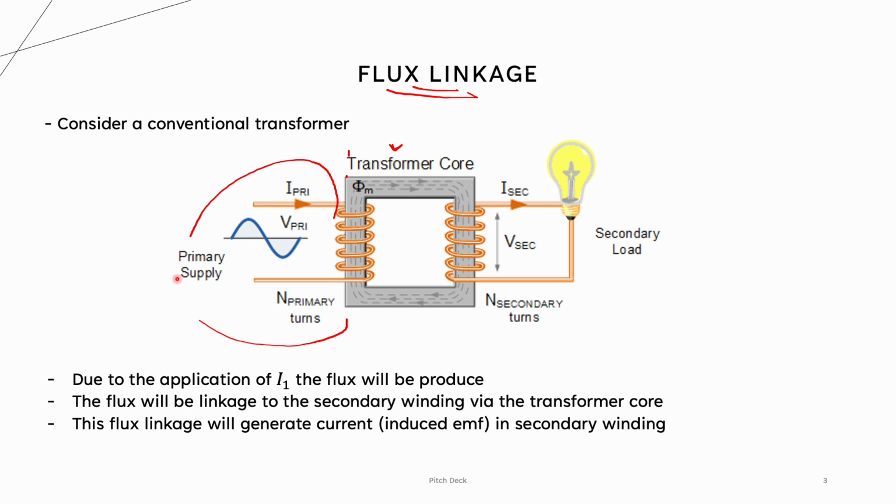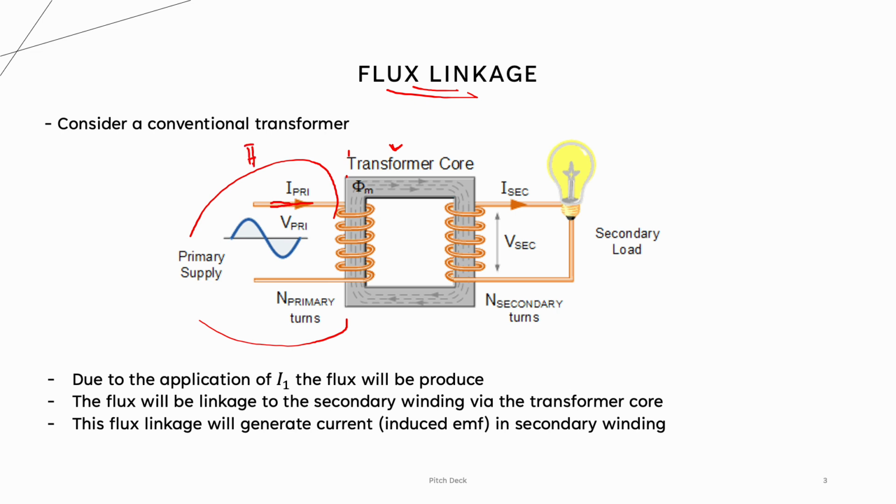And this is known as the secondary winding. At the primary winding, there is a current supply, where this current supply will then produce the H field.